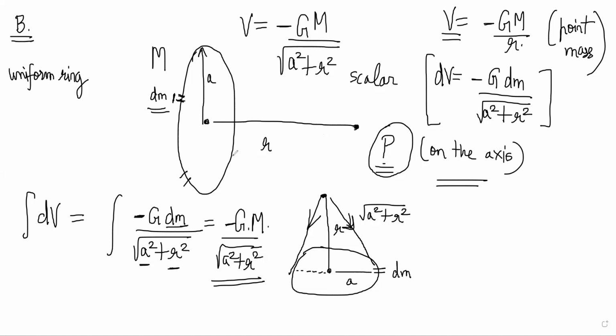Then he looks at a slightly more complicated derivation. If you see C, now he's talking about a uniform thin spherical shell. So what is a spherical shell? It has no mass anywhere except on the surface of the sphere. This is a spherical shell, and he has drawn an element like this. This is like a ring element. You have to imagine it as a ring covering both sides, right?